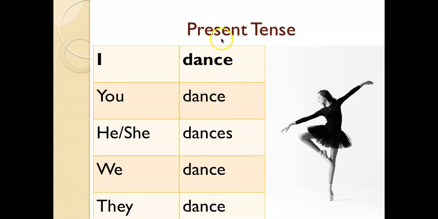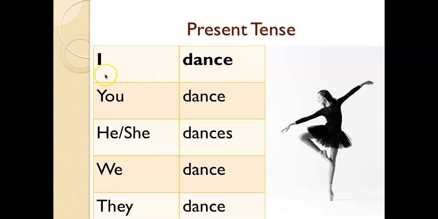So, for the present tense, let's read it first before I point out the difference in the form. I dance, you dance, he dances, she dances, we dance, they dance. So this would be the pronouns and this would be the verb. Okay, verb means action.